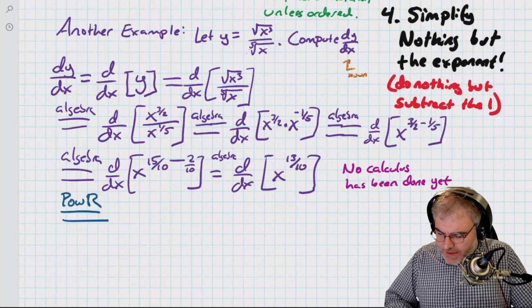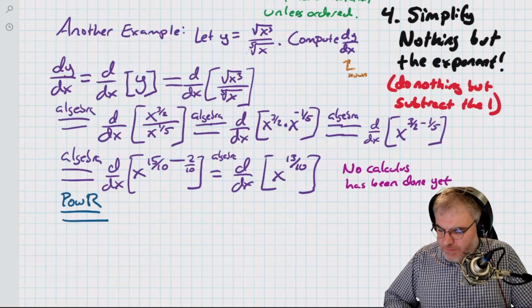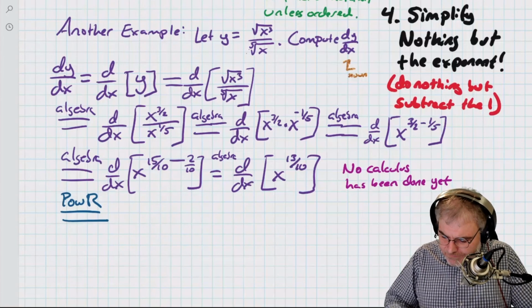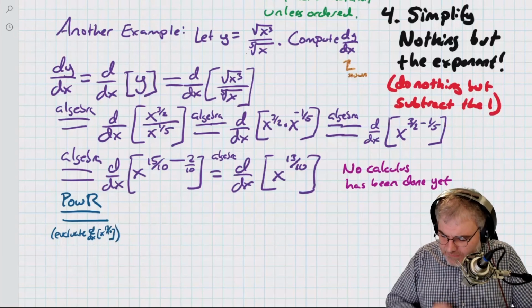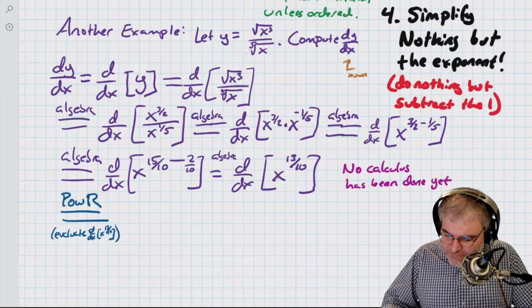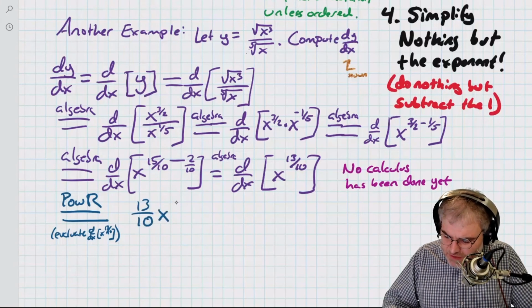And no, you don't need to write it up there, but I'm going to do it for a while in order to communicate. Now I'm going to evaluate that derivative. Just like evaluating the limits, now I get rid of the sign. So the derivative of this is 13 over 10 x to the 13 over 10 minus 1.